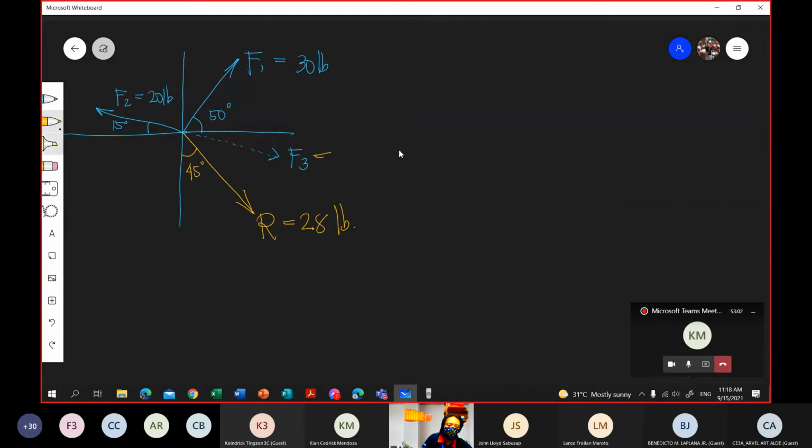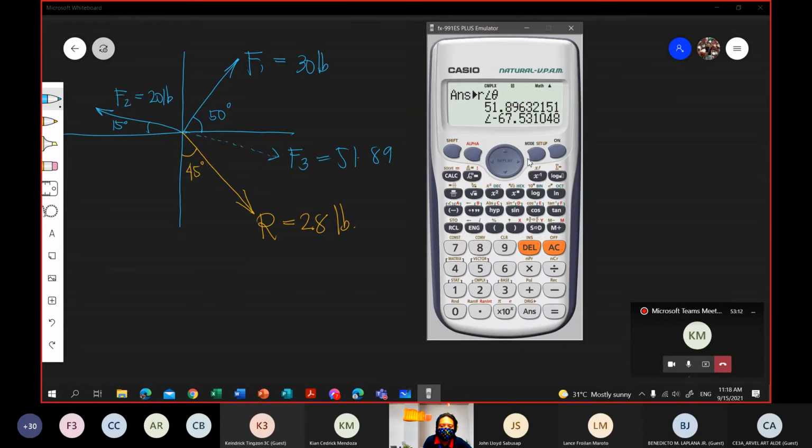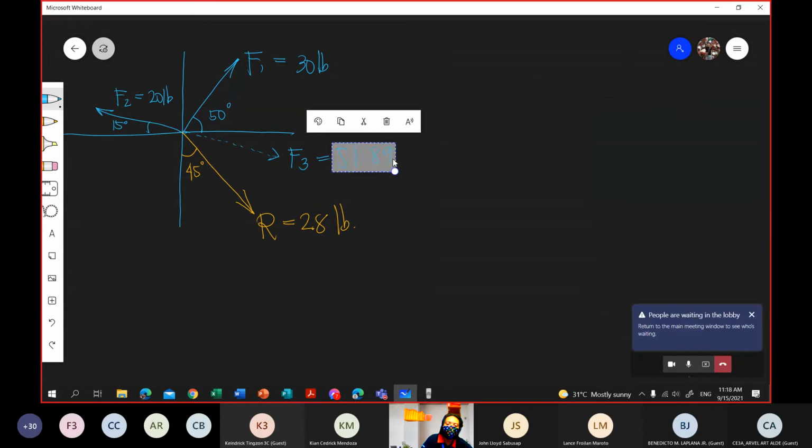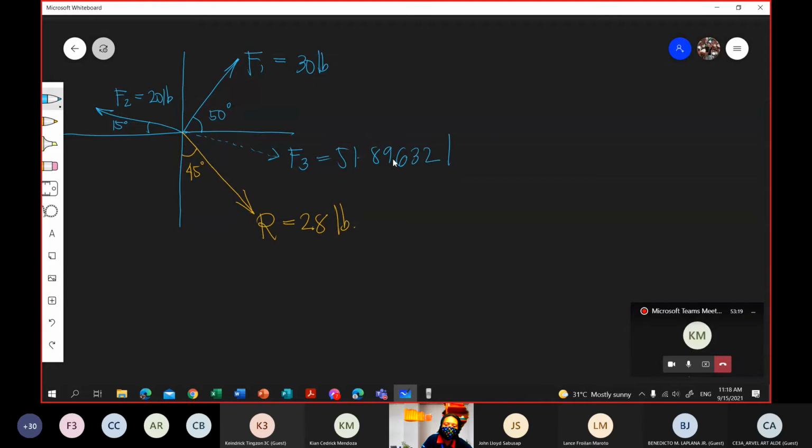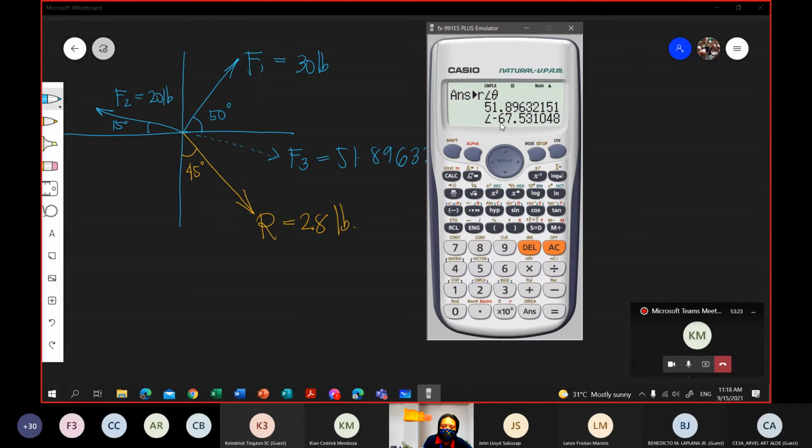This is 51.89632. This is in pounds. And acting daw at an angle negative 67.